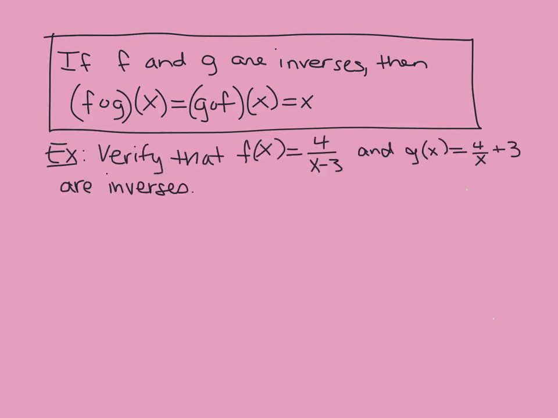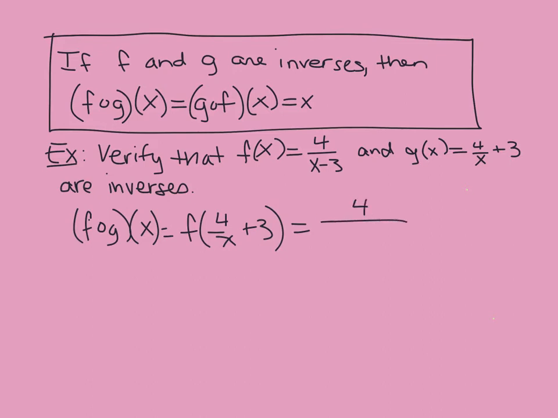For this example, we're verifying that these two functions are inverses. So we're just going to go ahead, first of all, and find f of g of x. And so when I do that, I get f of 4 over x plus 3, which I'm going to substitute in to that denominator.